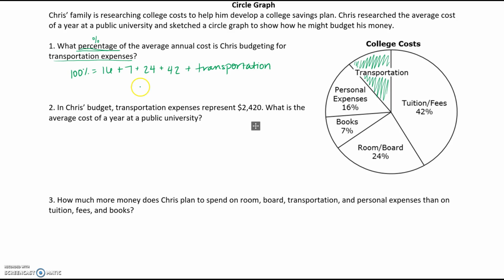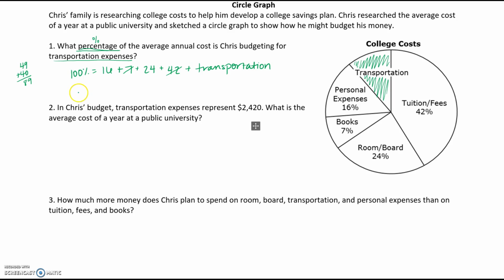Okay, so add all these pieces up. We have 16 and 7. Let's see, I'm going to add the 7 to 42, so now I have 49, plus the 16 and 24. 4 plus 6 is 10, so that gives me 20 plus 20 is 40. So 89.